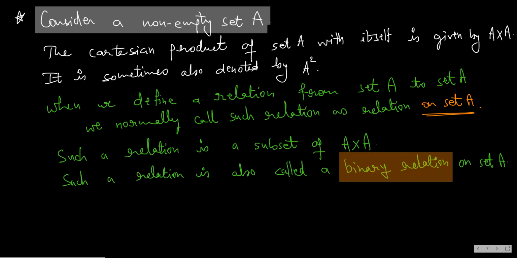There are not two distinct sets. There is just one single set, and the relation is defined on that set.